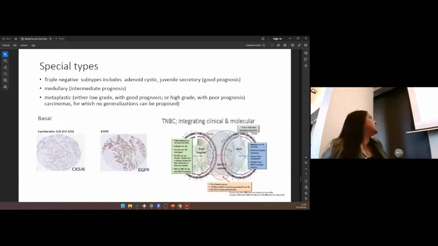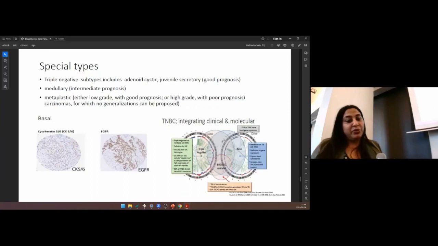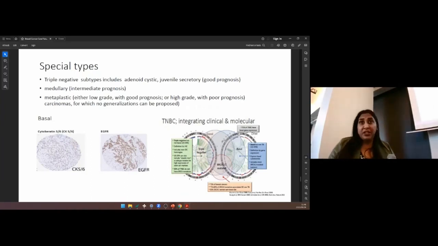And then obviously special types of breast carcinomas. When we're looking for basal type of carcinoma, then we obviously do additional markers. It's not routinely done, but this is also based on the discretion of the assessing pathologist to see if they want to assess further profiles in the absence of molecular signatures.